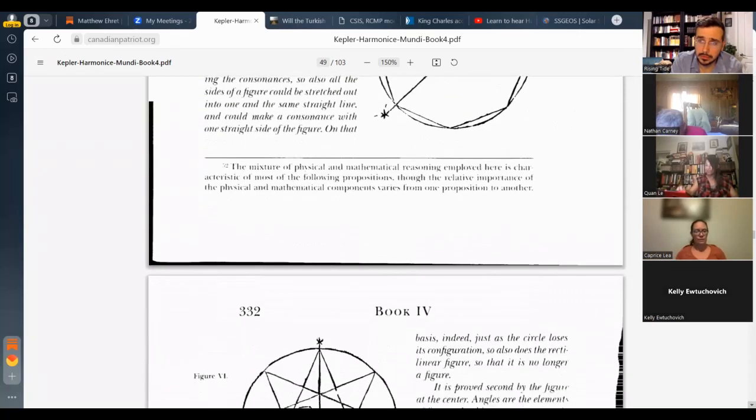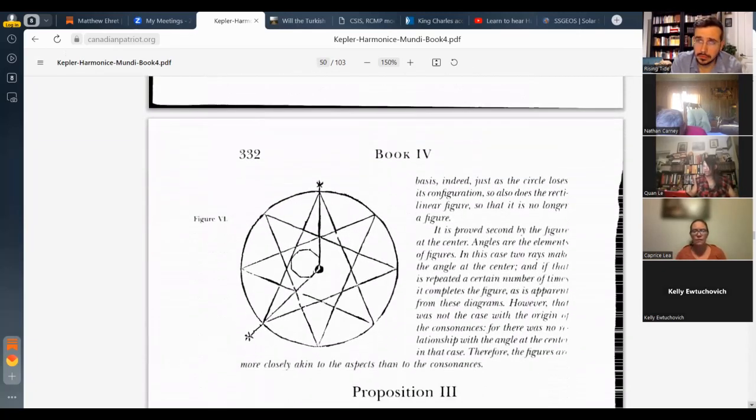On that basis, indeed, just as the circle loses its configuration, so also does the rectilinear figure, meaning the straight line, so that it is no longer a figure.